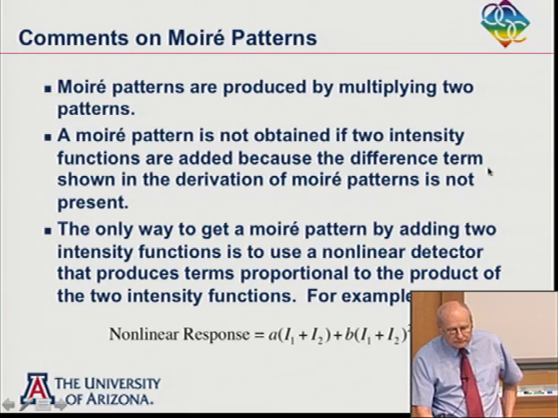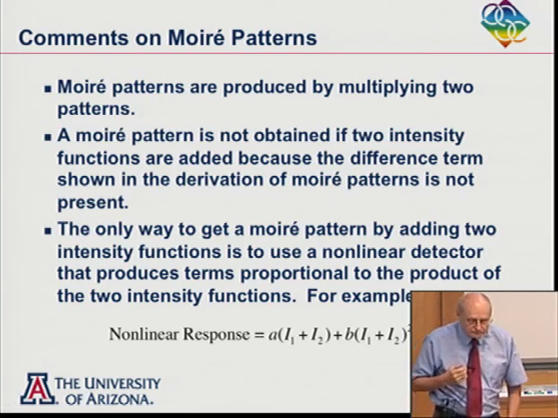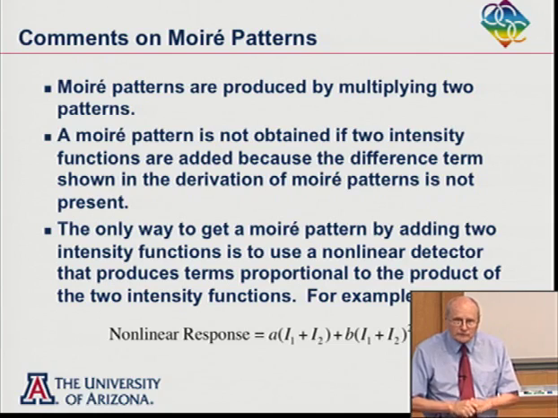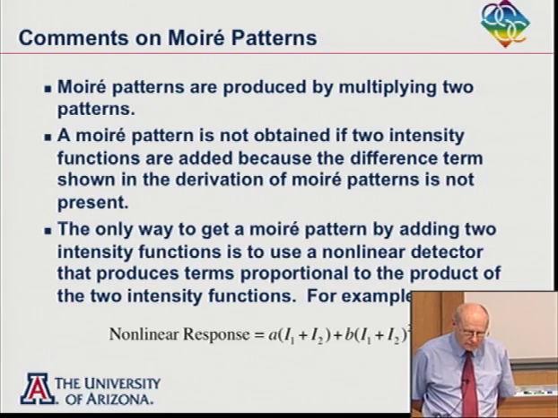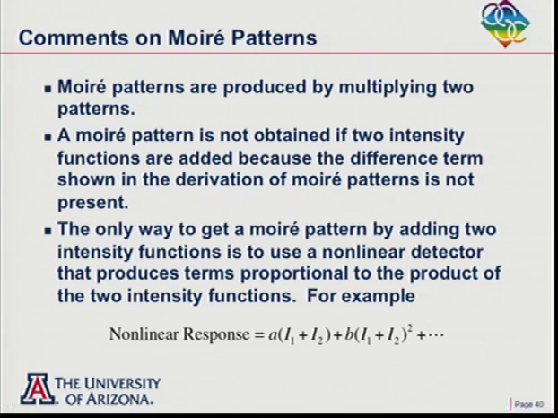And so if I were to just set up some system where I saw the two patterns, where I added the patterns, I would not see the Moiré patterns. Now, if you try that, sometimes you do see a Moiré pattern. And what could that come from?